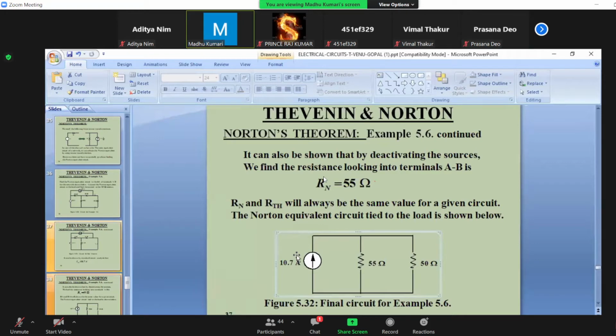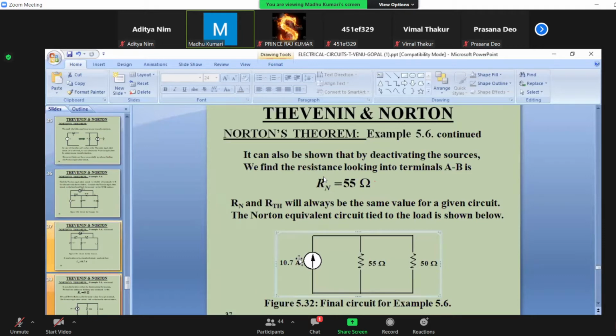Is it clear? Yes, ma'am. And if you have to calculate the voltage across this, once you have calculated the current, then 50 into the current will give the voltage across AB. For power, I squared R, 50 into I squared, will give the power.